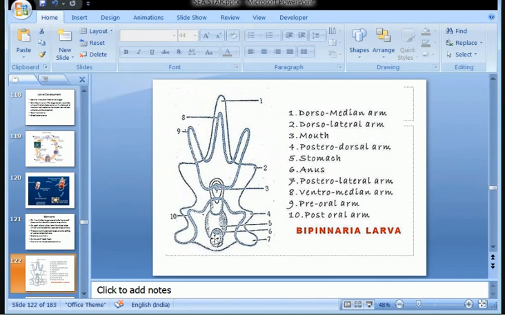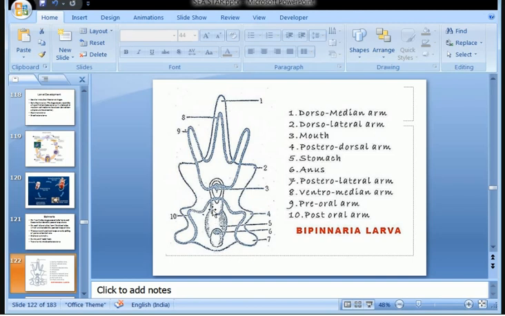Okay? And then we have the other arms as well, the ventromedian arm. Which number is that? Number 8. Let's locate number 8 here. This is on the ventral side. So ventromedian, this is median. And number 9, preoral arm, preoral on the ventral side. And then at number 10, we have postoral, right?